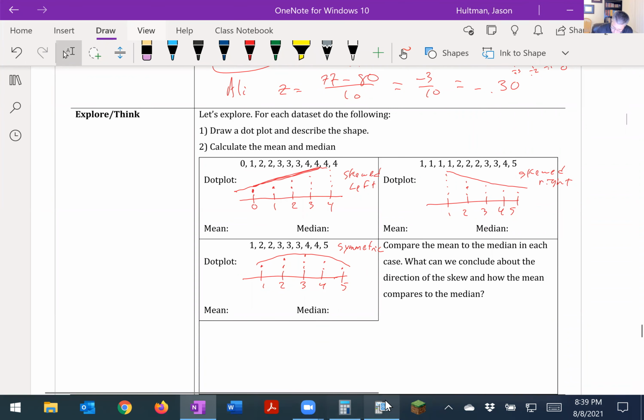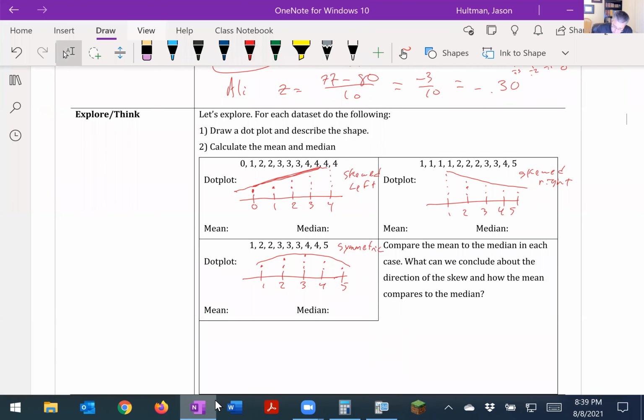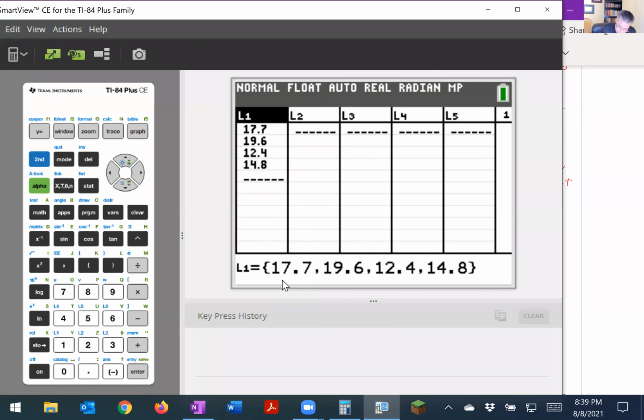Okay, so for the first one, I'm going to want 0, 1, 2, 2, 3, 3, 3, 4, 4, 4. Basically, the number is the amount of items. So let's plug that in. Let me clear this.